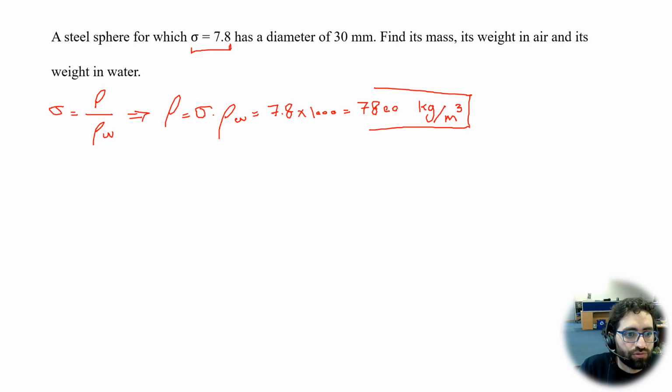So let's go through the diameter. The diameter here can lead us to the volume of our sphere. The volume of our sphere is V equal to 4/3 pi the radius cube.